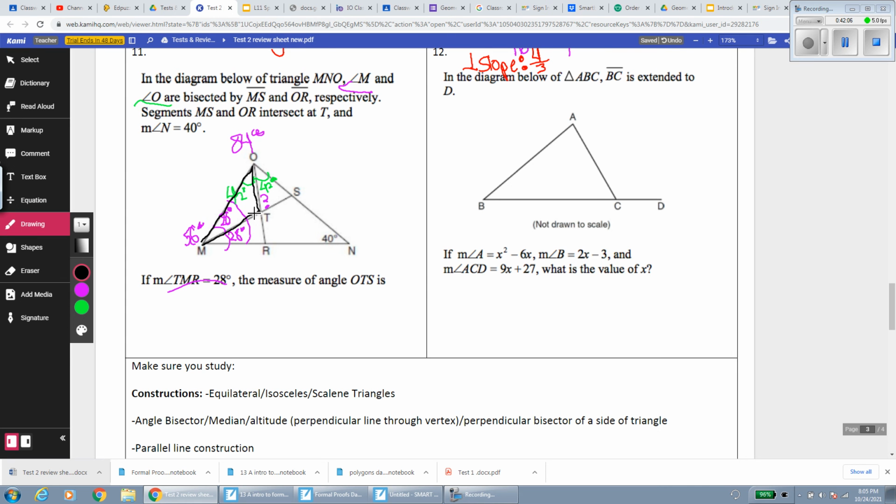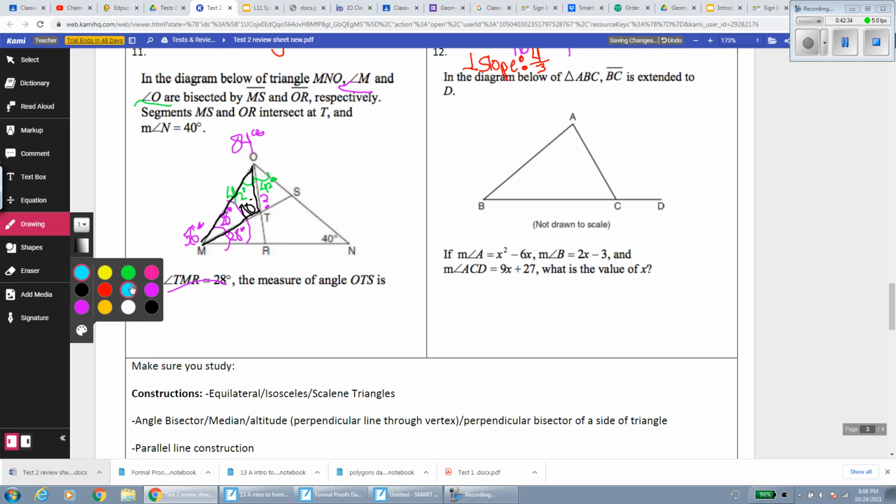So I can find the third angle, since once again, all three angles of any triangle always add to 180 degrees. So 42 plus 28 gives me 70. If I subtract that from 180, I get 110. So I just figured out that this angle right here is 110 degrees.